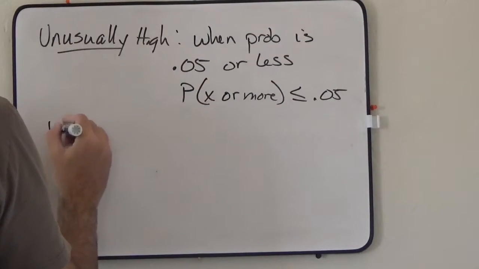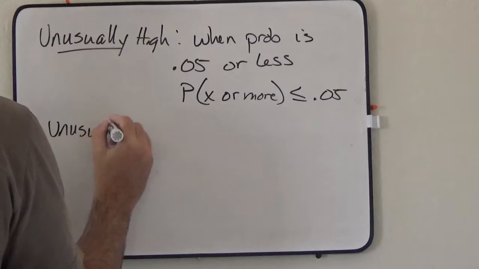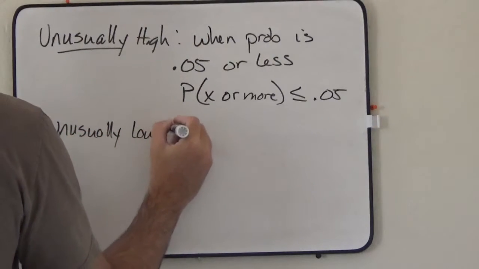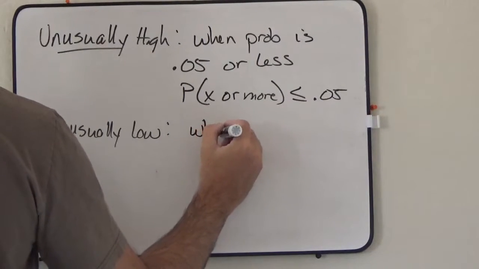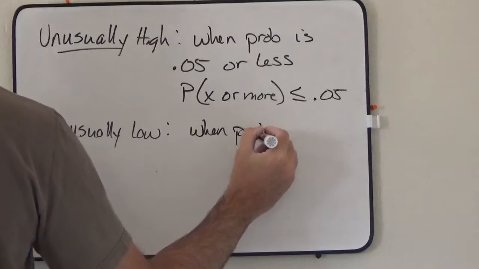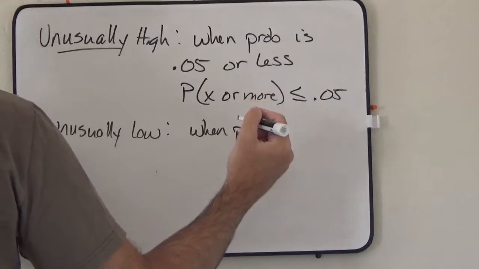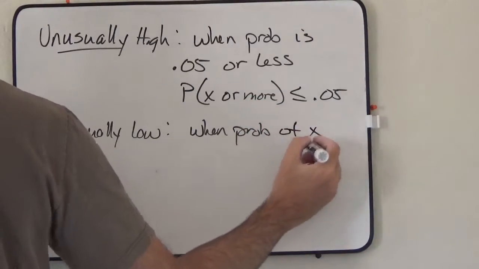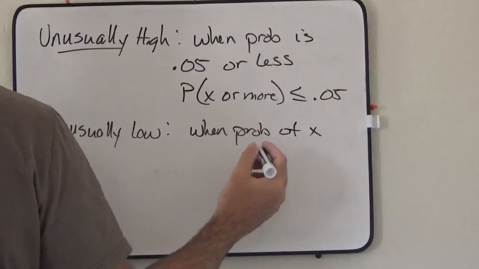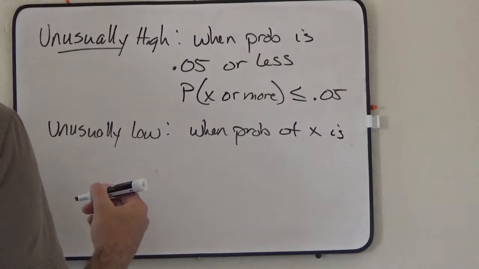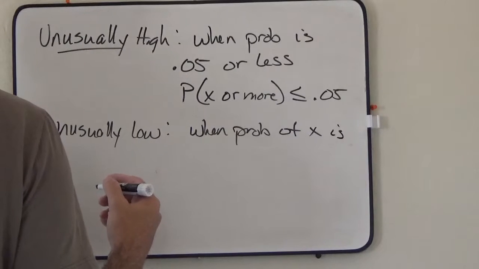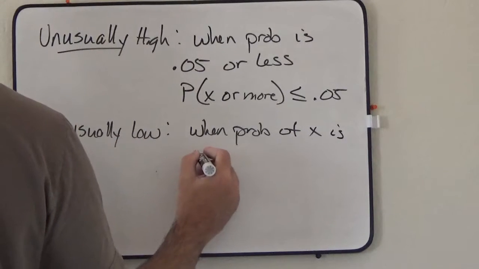And unusually low is when the probability of x, I should have put of x up there also, is 0.05 or less.